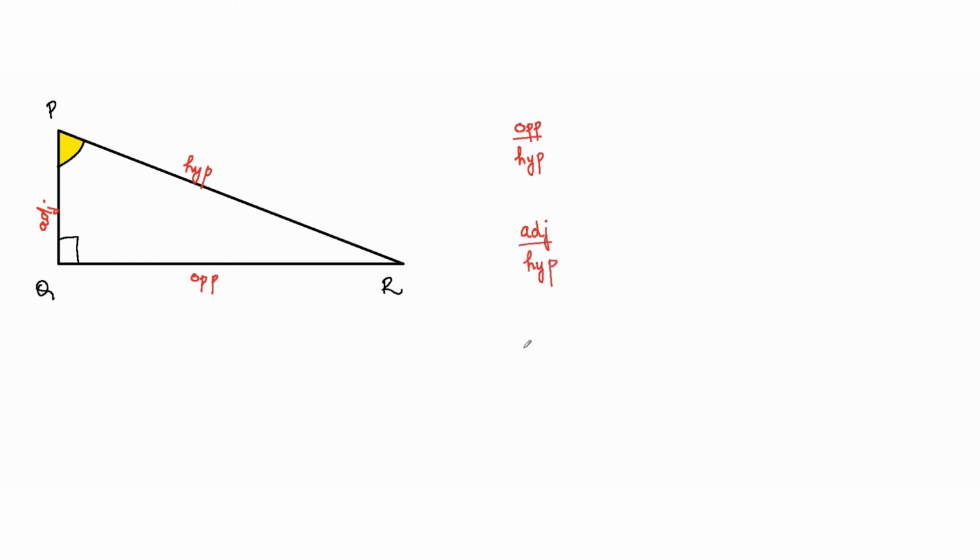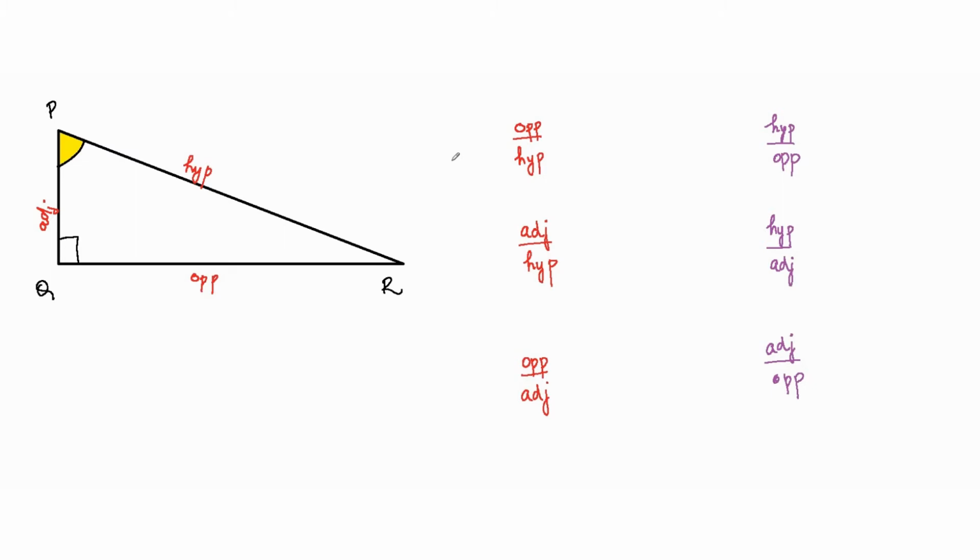And the third ratio that I can find is opposite upon adjacent. Right? Similarly, the reciprocal of all these ratios is also possible. The reciprocal of opposite by hypotenuse will be hypotenuse upon opposite. The reciprocal of adjacent upon hypotenuse is going to be hypotenuse upon adjacent. And the ratio of opposite to adjacent is going to be adjacent upon opposite, right? So these are the 6 ratios that are possible.